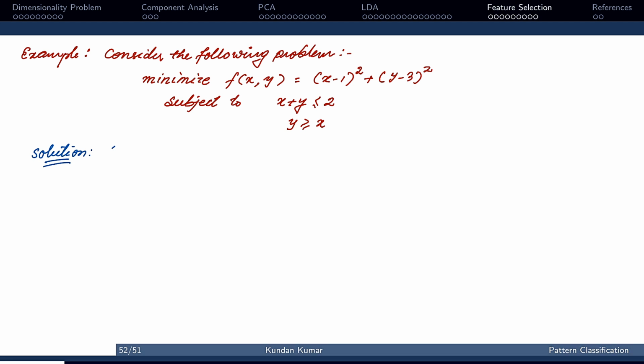So in the first step we will define the Lagrangian.